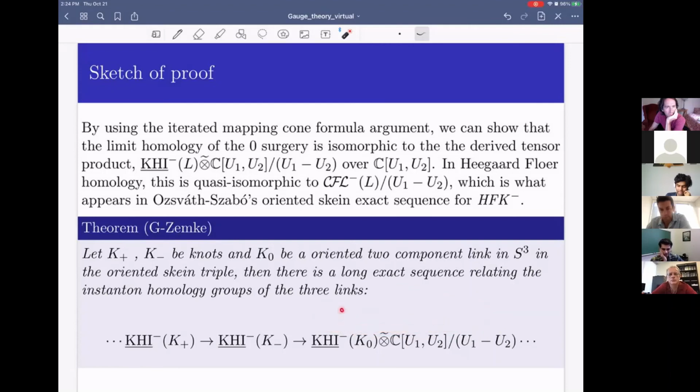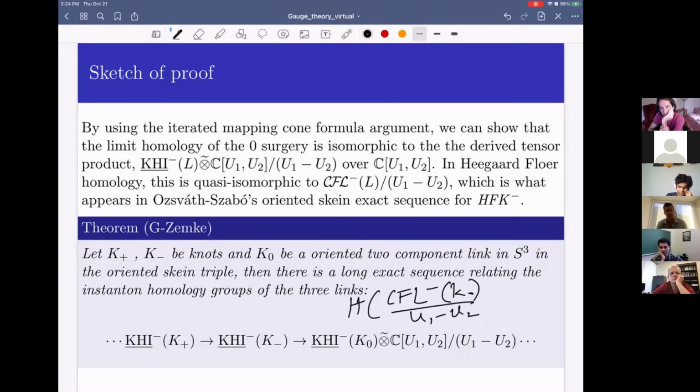I mean, they have this thing CFL minus, let me just, I think what they have is H of CFL minus of K0 mod out by U1 minus U2. What you wrote on top. Yeah, but is that, in the hat version, it's just the knotification. But not in the other versions, I'm asking about the plus version.